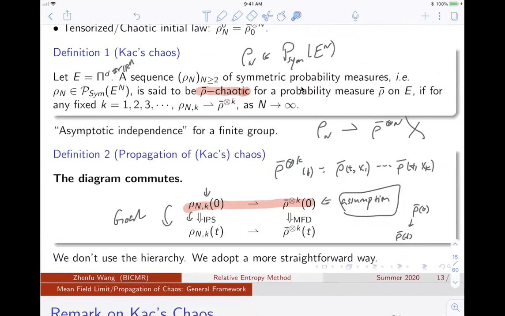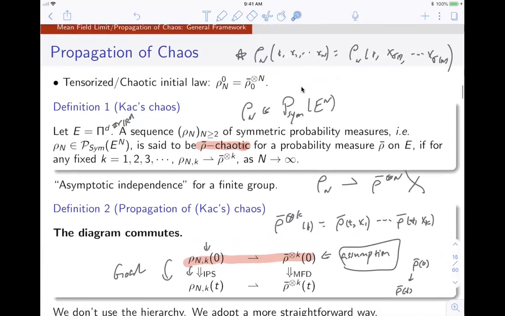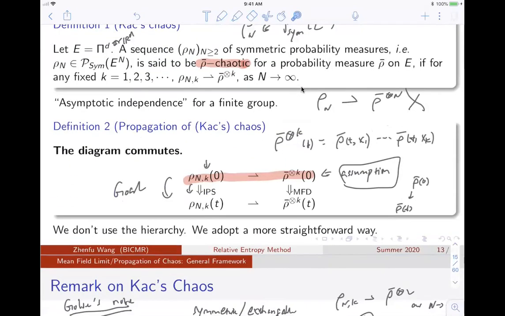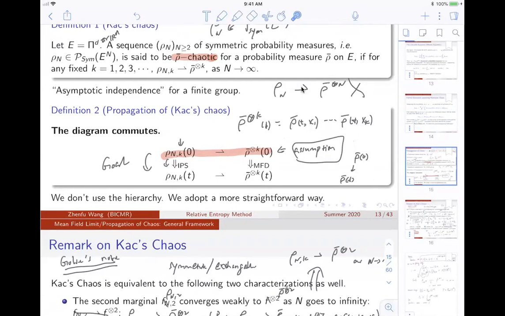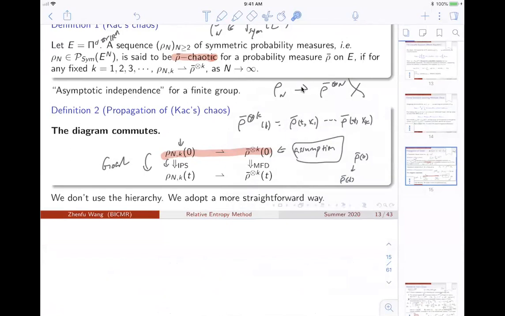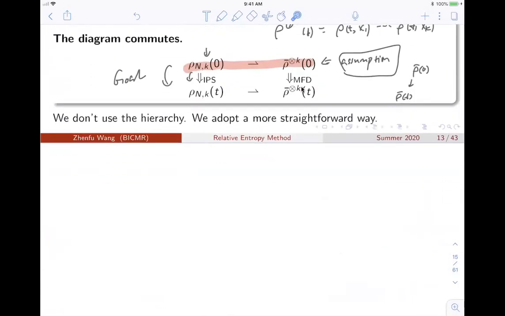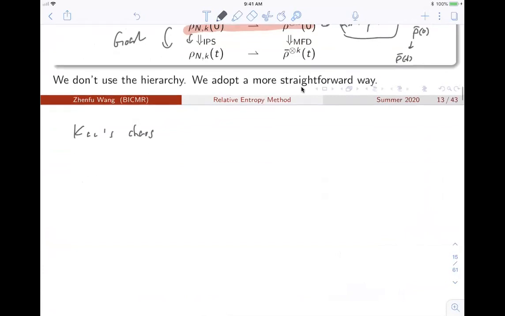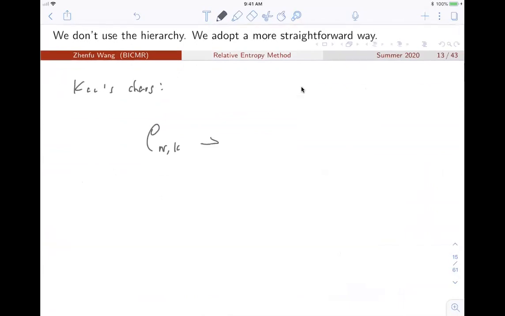Let me just write it down. So Keck-Scales means the following: if you take any k marginal, rho n k, it converges weakly to rho bar tensor k.